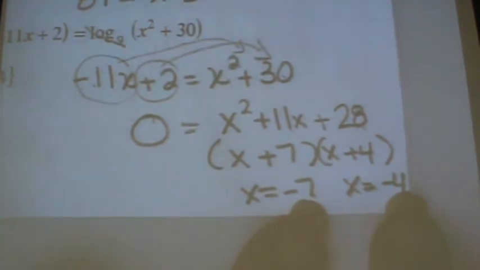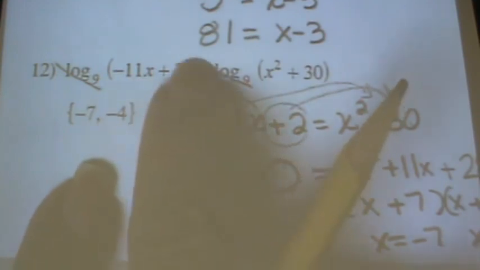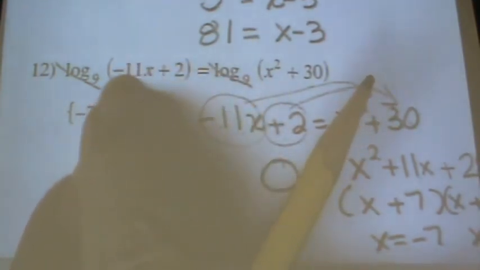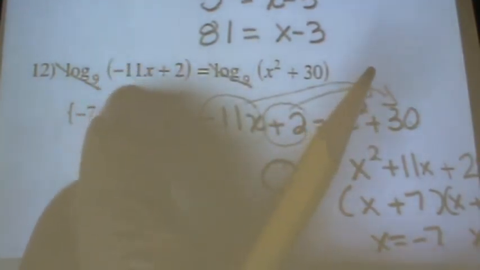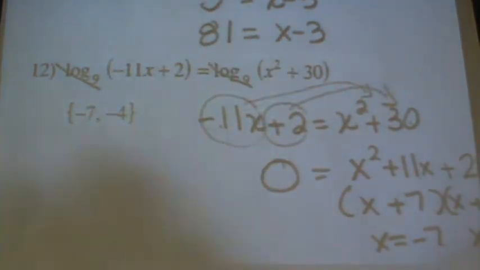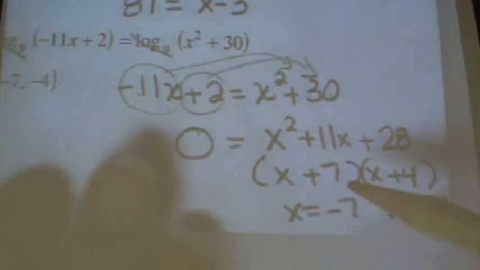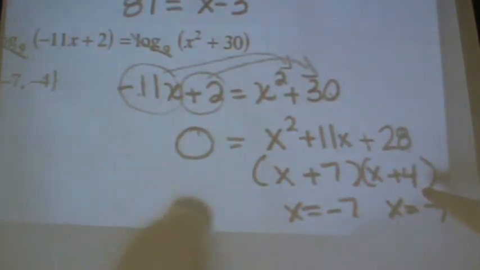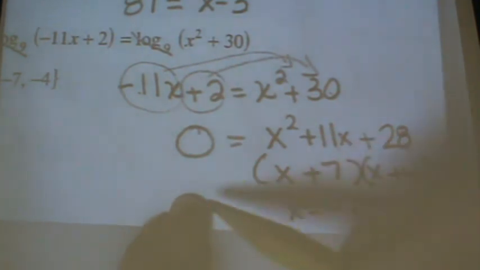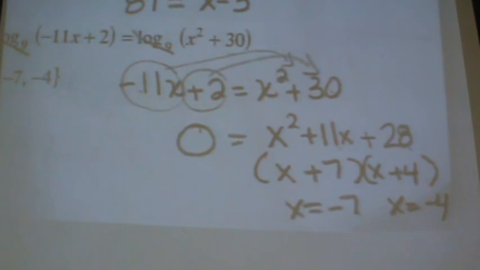We didn't talk about extraneous solutions, but an extraneous solution will occur if you were to plug any of these solutions in and generate a negative number or a 0 inside the log. Yeah, the factors are +7 and +4. But when you set this equal to 0, it's -7. It's the opposites of those. Okay? That was your homework for today.